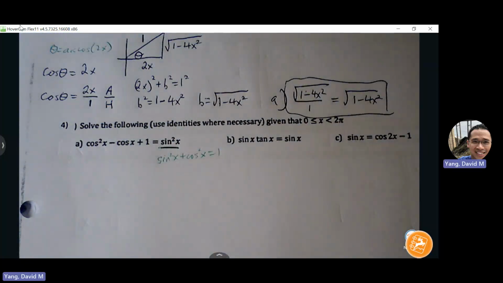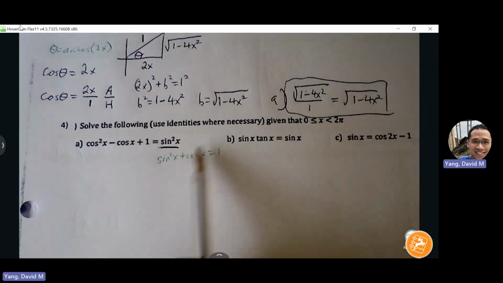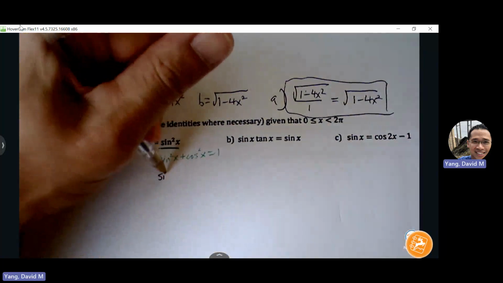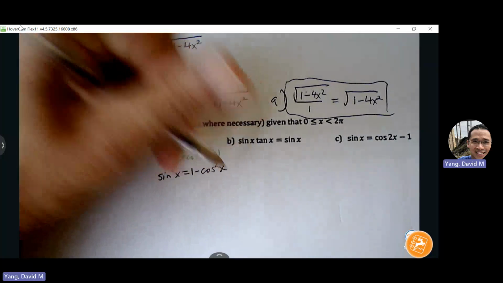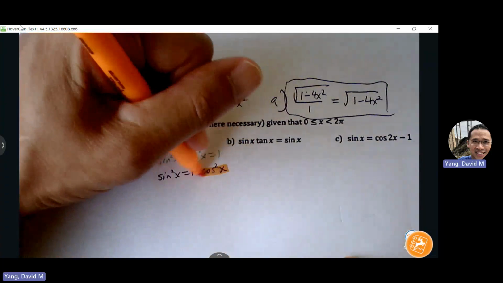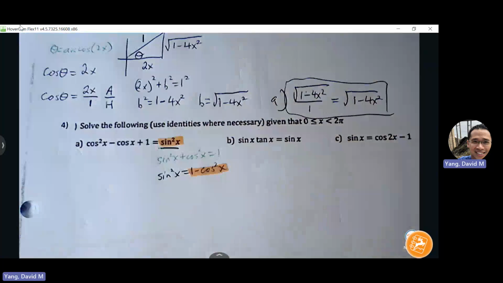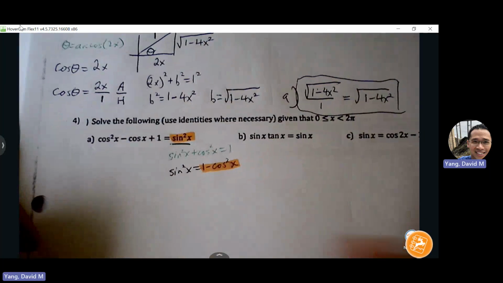If I know that identity, I can rearrange it, solve for sine squared, and then replace sine squared instead of cosine squared. So sine squared of x is equal to 1 minus cosine squared of x. That is the substitution I'm going to make. I'm going to replace this in for that sine squared x. The advantage there is if I can get everything in terms of cosine, then it's a lot easier to merge things together rather than working with 2 different trig functions.